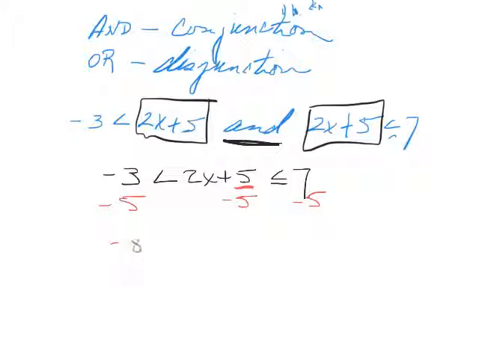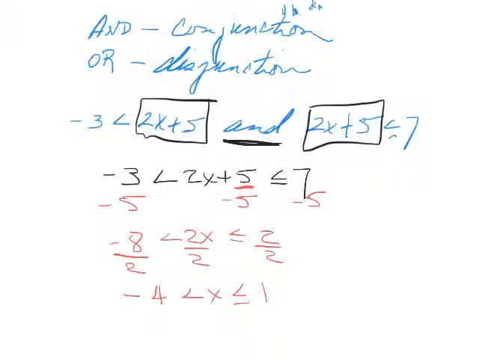That gives me negative 8 is less than 2x, which is less than or equal to 2. Then we divide by 2, and we solve for x. So negative 4 is less than x, which is less than or equal to 1.